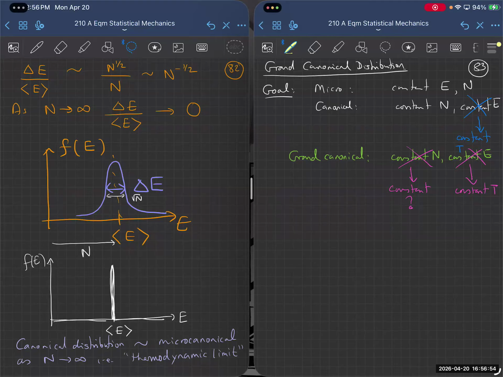So the bottom line is a fluctuating energy and particle number.